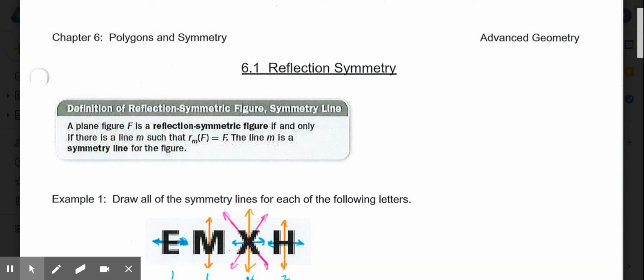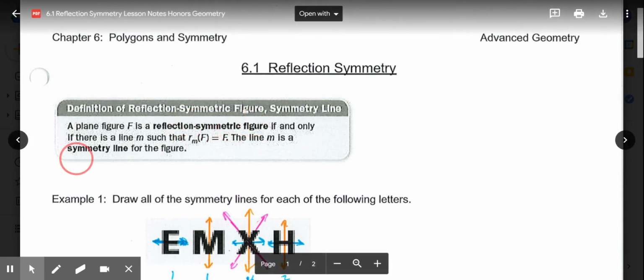So if you can reflect something and it's the exact same as the original, that figure is a reflection symmetric figure. And the line that you're reflecting over is the symmetry line.